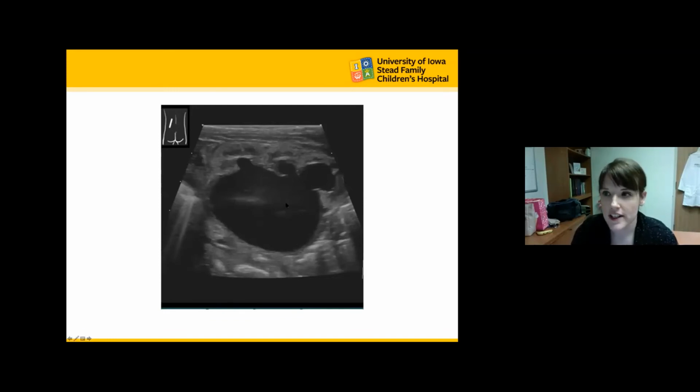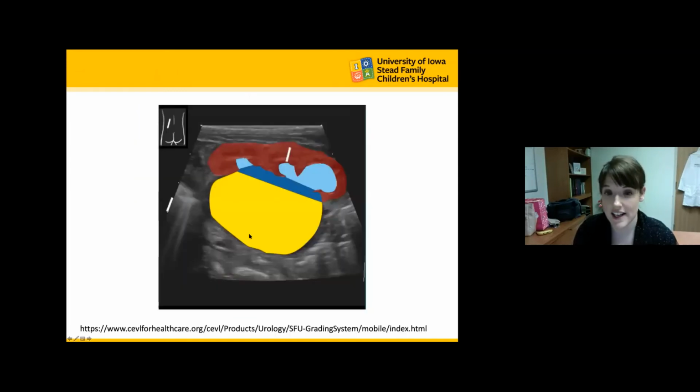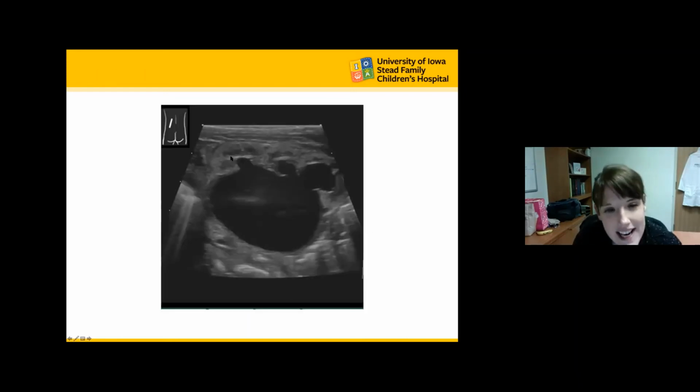I think this one can definitely be deceiving because the renal pelvis is obviously huge. And you see that degree of dilation, and I know in my mind, I automatically go to grade 4 as well. I think this is definitely a tricky one, but the point that this one was trying to hit home is that if you really do look at the renal parenchyma, you still do have relatively normal renal parenchyma here, and you can still see that cortical medullary differentiation.